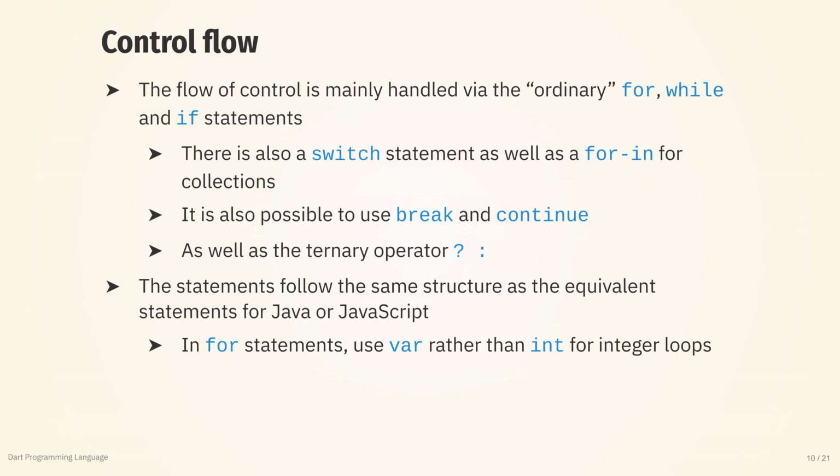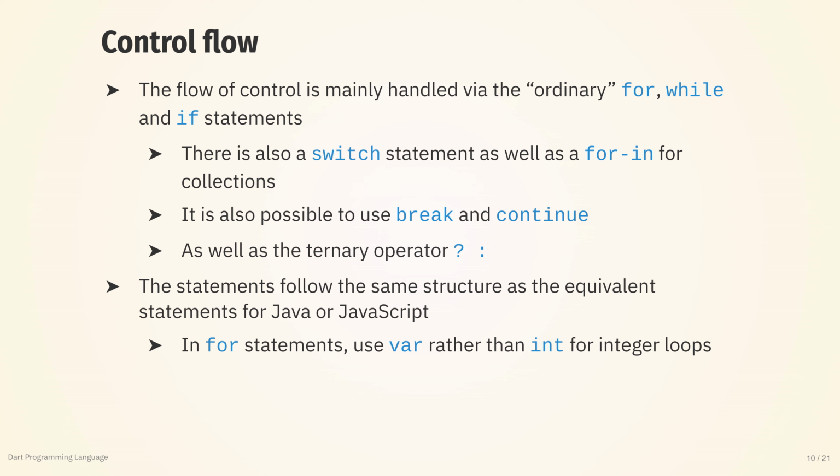The control flow. Well, like most programming languages, we have for, while, and if. There's also a switch statement and a for in or for each. For collections, it's possible to use break and continue. We have the ternary operator, question mark, colon.